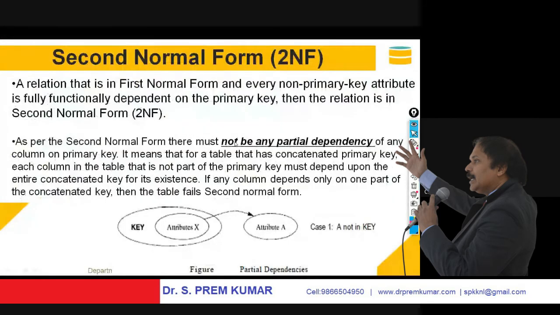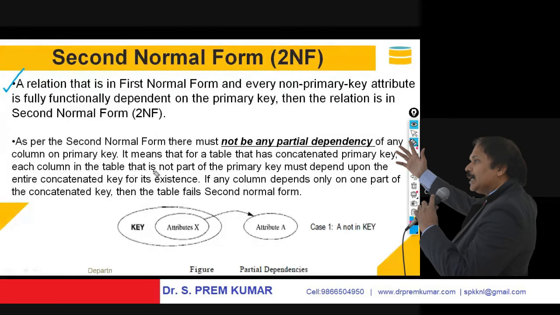Please go through this definition of second normal form. As per the second normal form, there must not be any partial dependency of any column on primary key. It means that the table has concatenated primary key.